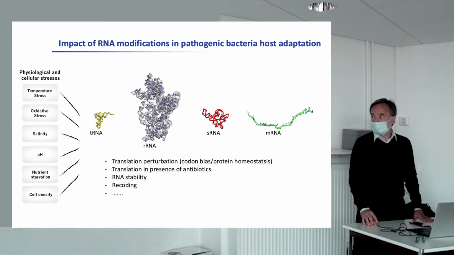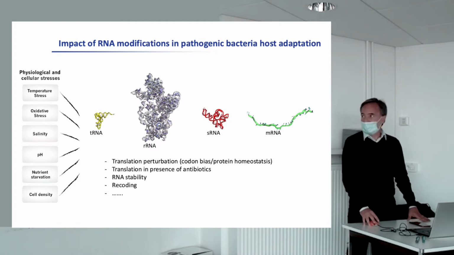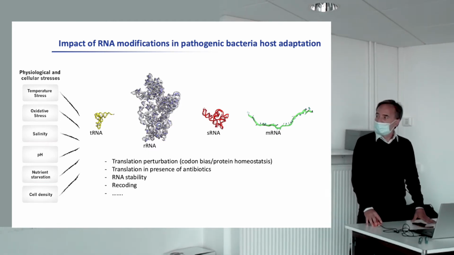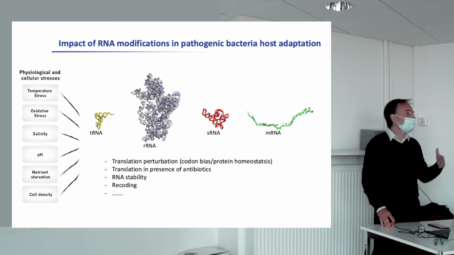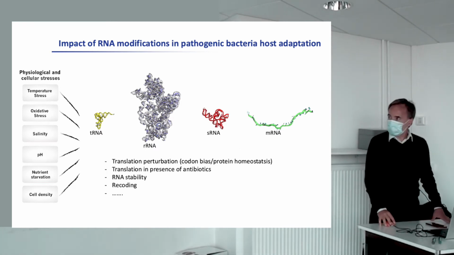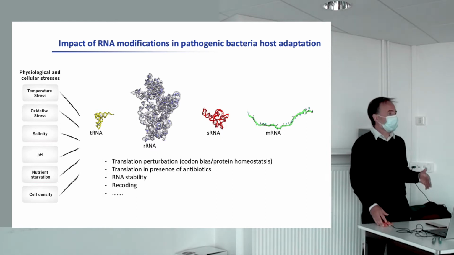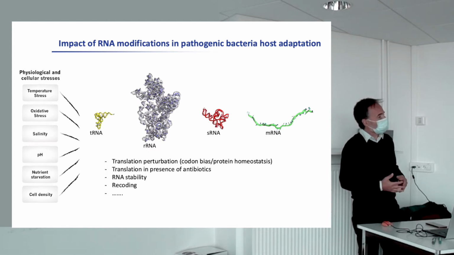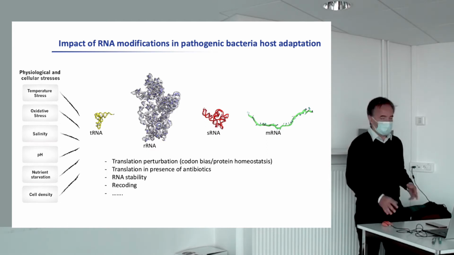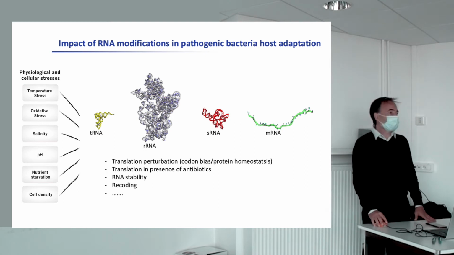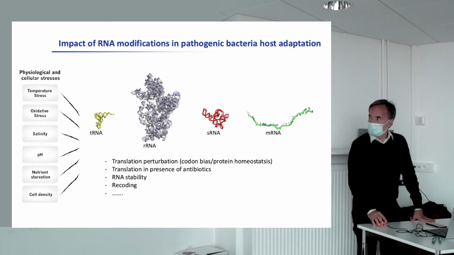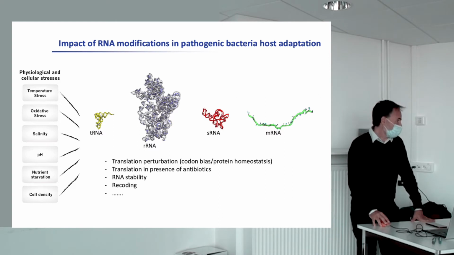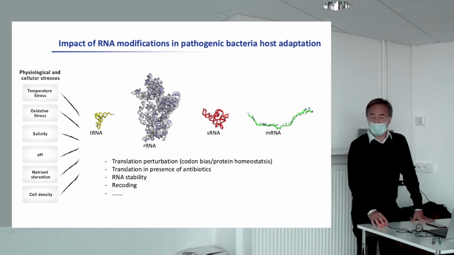The different stresses that we are going to look at today are oxidative stress, cell density, and antibiotic stresses, and those and other stresses can impact the level and the quality of the RNA modification in different RNA molecules. The main molecules that can be modified differentially according to the stress are, of course, tRNA molecules, ribosomal RNA, but we also have regulatory RNA, the small RNAs, and messenger RNA.